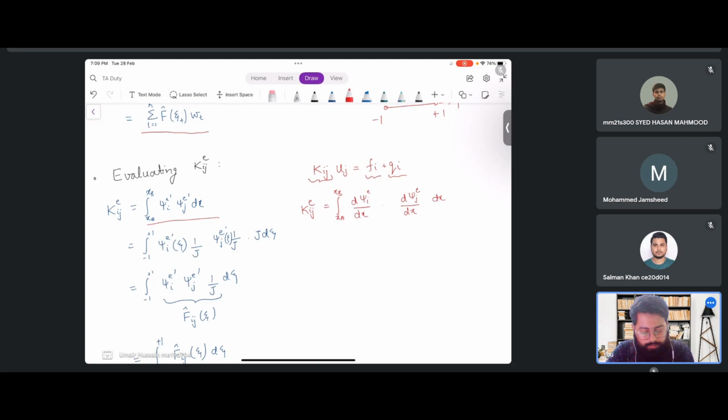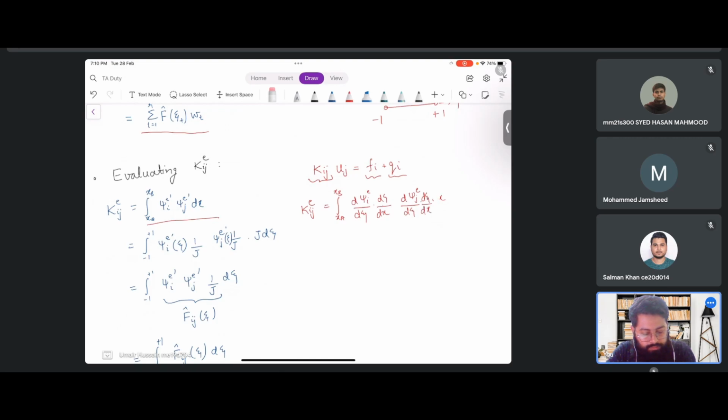So we can do one thing. If we want to write this in terms of d zeta, we multiply by d zeta; dx is already here, right? Similarly, we can do the same thing here, d zeta by dx.